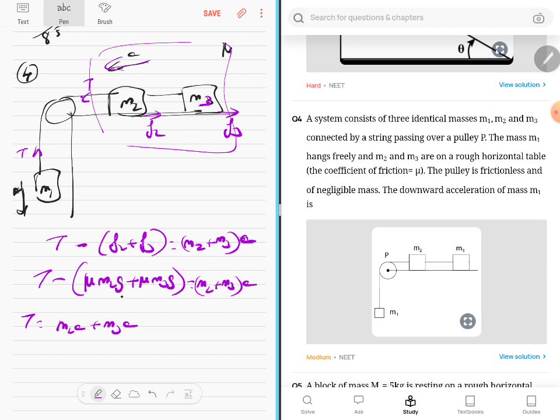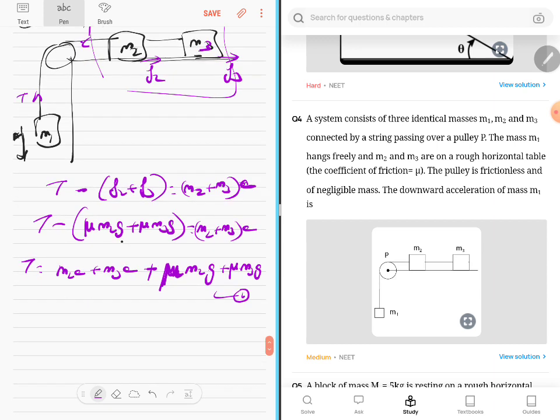So T = m2a + m3a + μm2g + μm3g, both of them with a minus sign moved over, so it becomes a plus. So that will be my tension.